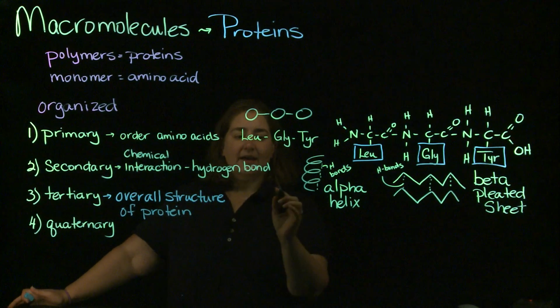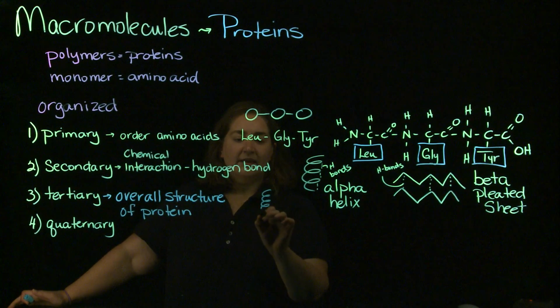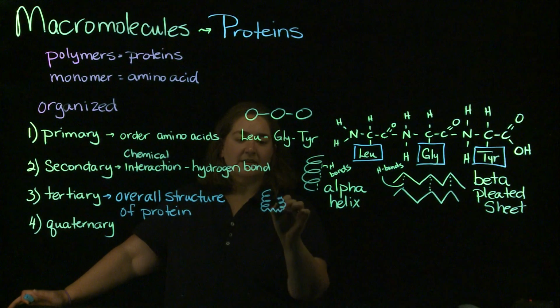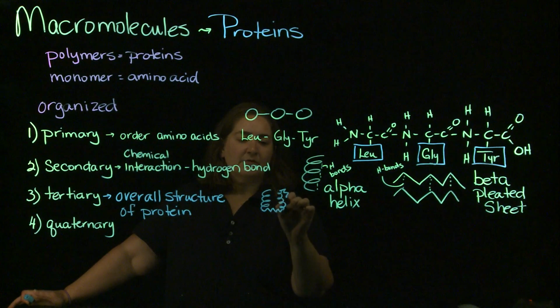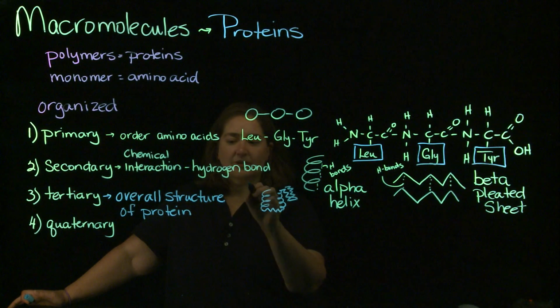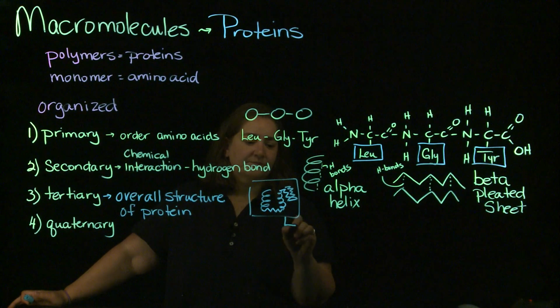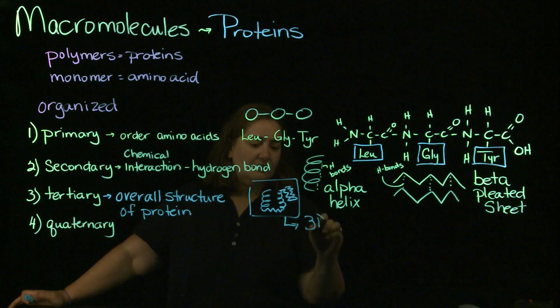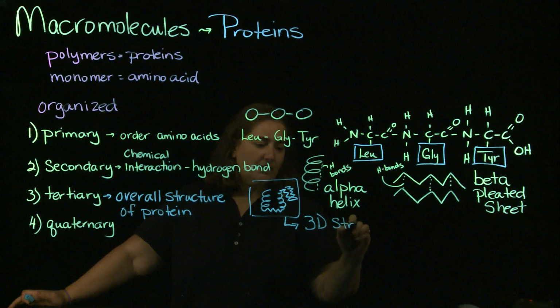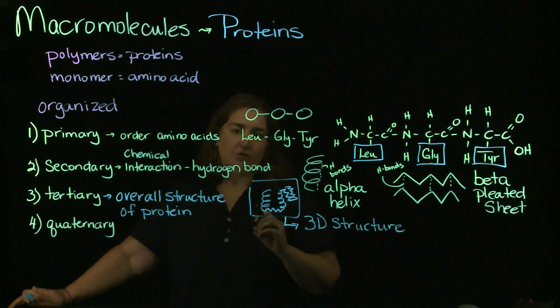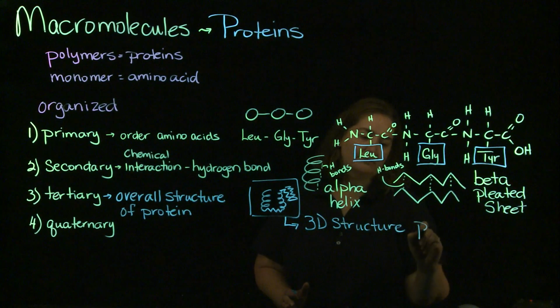So in terms of that, we may have an alpha helix, we may have a beta pleated sheet, we've got an alpha helix, maybe we've got another beta pleated sheet and a beta pleated sheet, okay? So really the tertiary structure is going to translate to the three-dimensional structure of the protein.